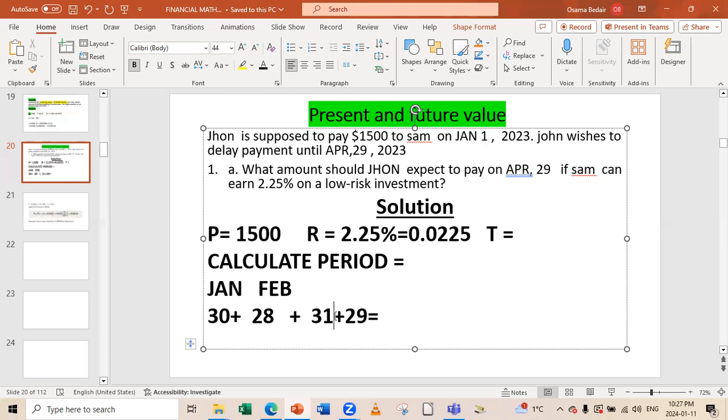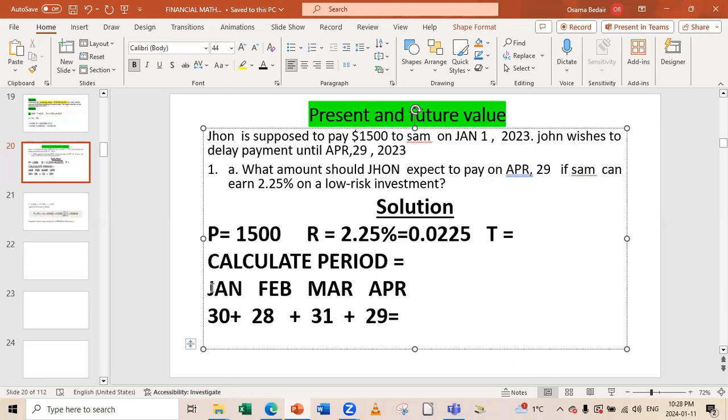Then March, 31 days. Then April, till the day of April 29. So this is from the beginning until the end.